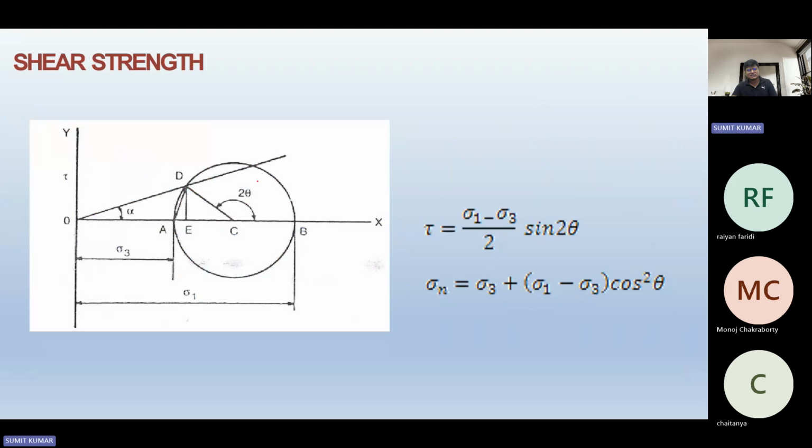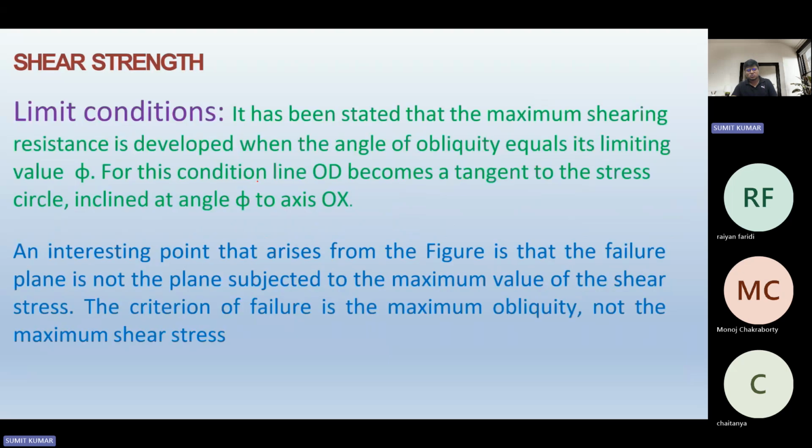Now we are seeing some other conditions related to shear strength, like the limit condition. It has been stated that the maximum shear resistance is developed when the angle of obliquity equals the limiting value phi.